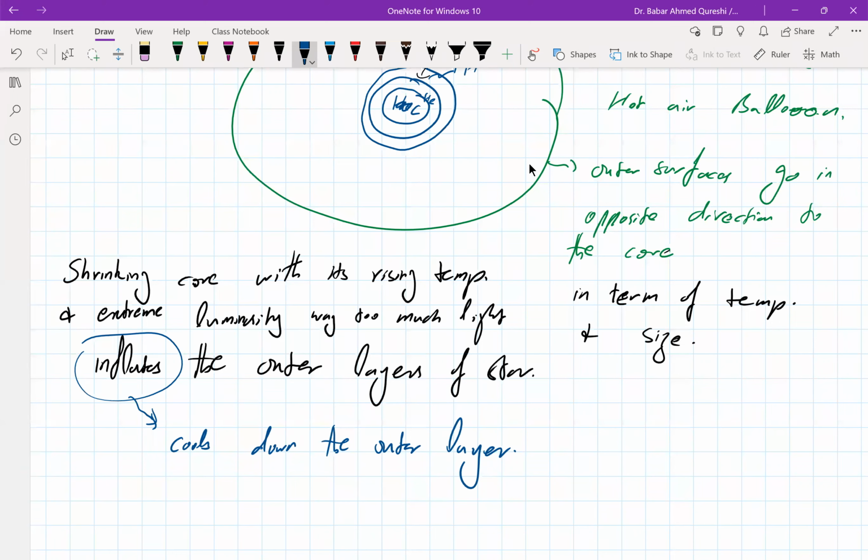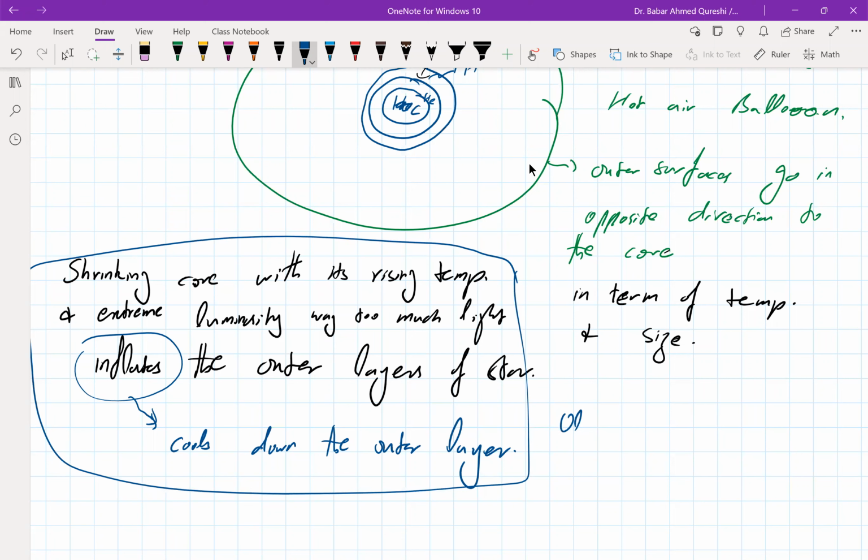So this stage, this old age, there's more detail to it, which you can see in the lectures. I'm not doing everything.